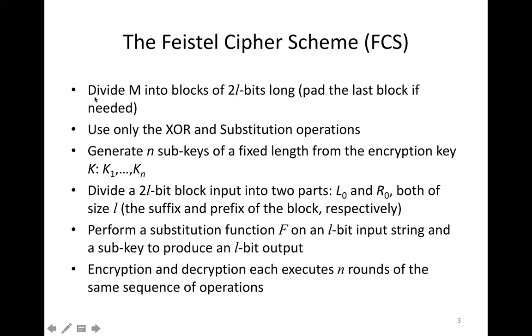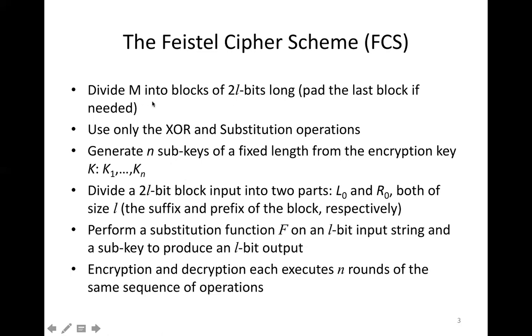So FCS divides your plain text, or your original input string, into blocks such that each block is 2L bits long. As we mentioned, all our data is a binary string whose length is divisible by 8, so of course the length is an even number.